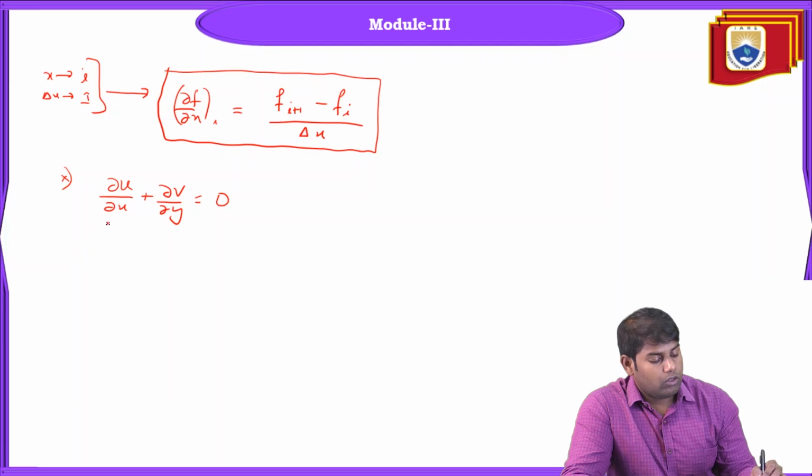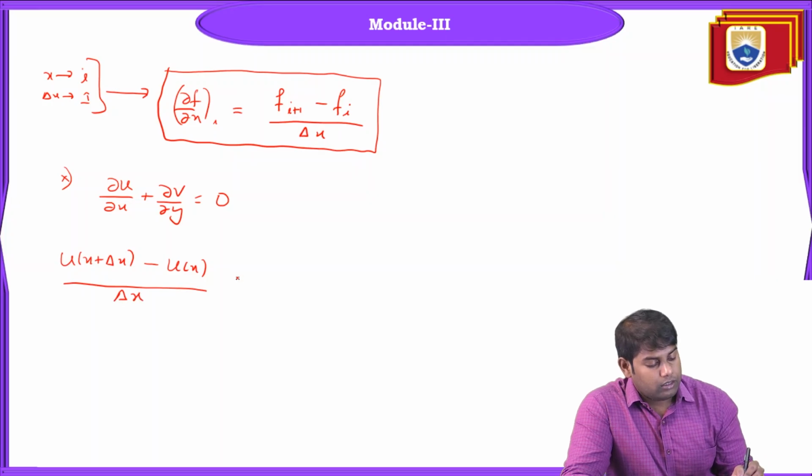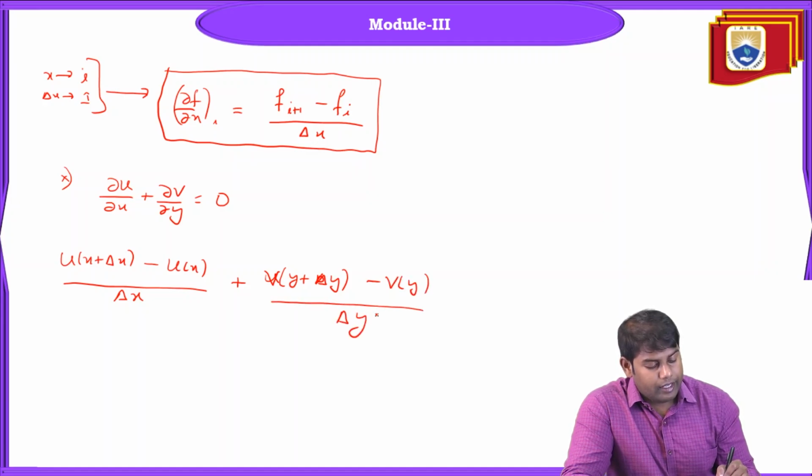How do we write it initially? [u(x + Δx) − u(x)]/Δx + [v(y + Δy) − v(y)]/Δy = 0. So this is what we have for the two-dimensional equation.